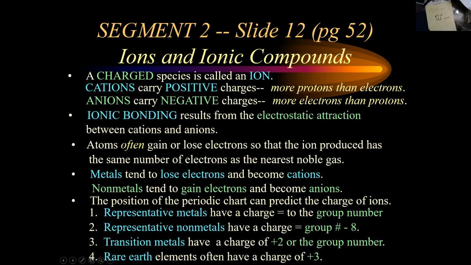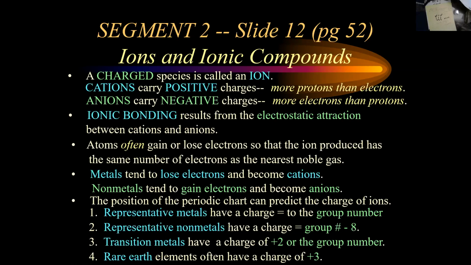Okay. Now, the rare earth elements, the elements across the bottom. I've told you that these 2 rows at the bottom of the periodic chart actually go in between group 3B and 4B. These are called rare earth elements.